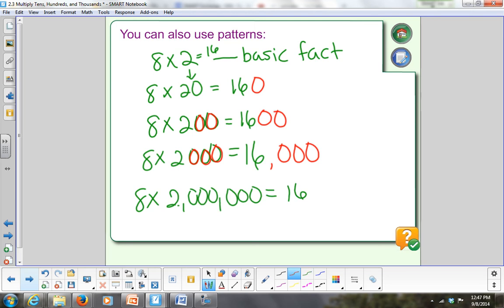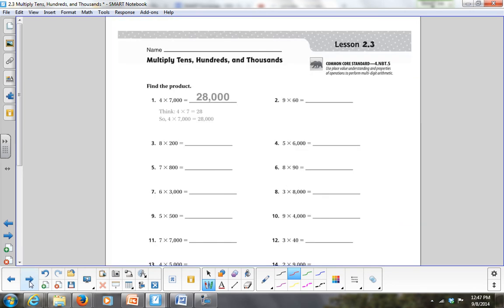How many zeros did I add? I added 1, 2, 3, 4, 5, 6. So I'm going to add 1, 2, 3, 4, 5, 6. So 8 times 2 million is just 16 million. Okay, so those are some ways that you can use multiplication for, especially when you're working with zeros. Zeros are a lot easier if you just can count the zeros.